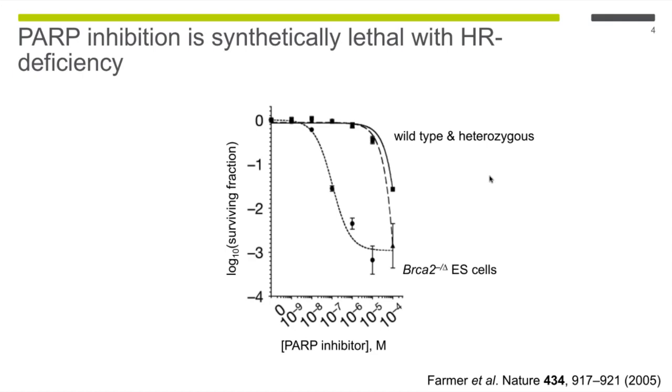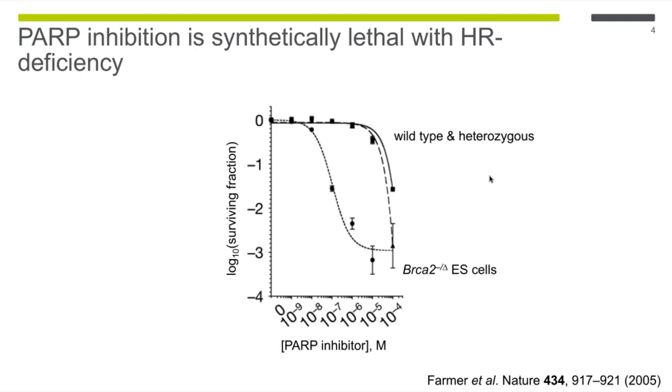And so what you can see is the BRCA2 mutant cells are very, very sensitive to this PARP inhibitor, about 100 to 1,000 times more sensitive than either the wild type or the heterozygous counterparts. So what that means is that this could be a potential treatment for BRCA2 mutant tumors because you'd be able to specifically kill the tumor cells which will have lost BRCA2 function completely, but not the wild type or the heterozygous carrier cells of the rest of the patient.